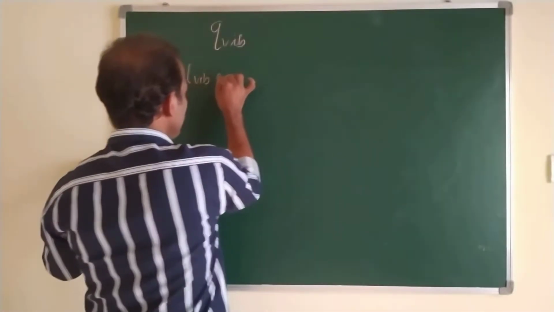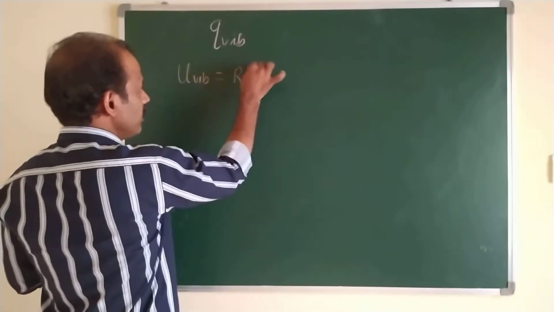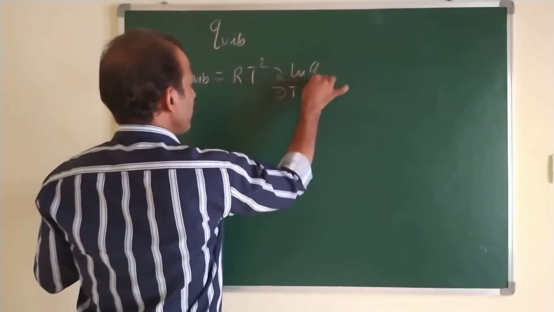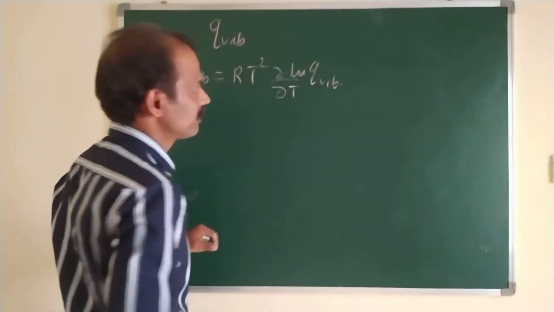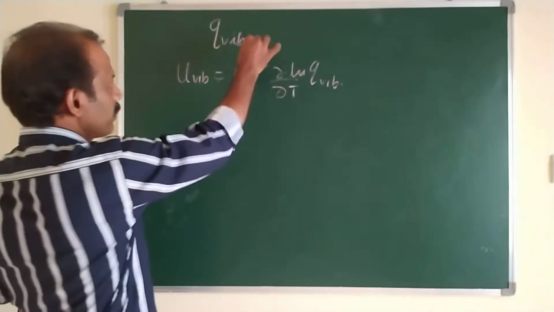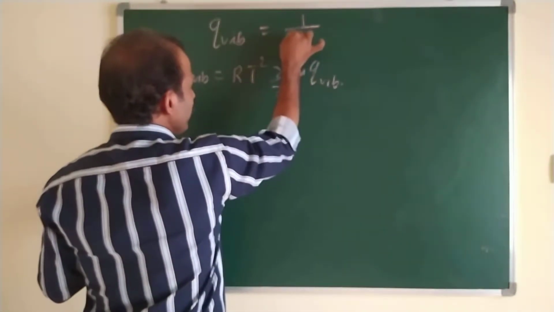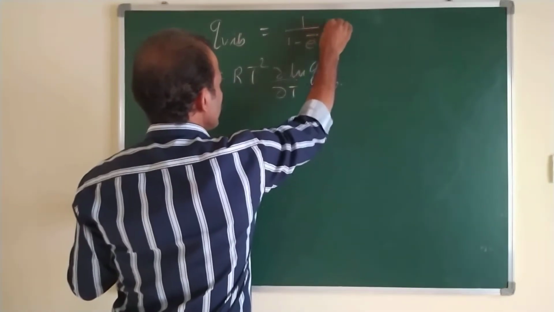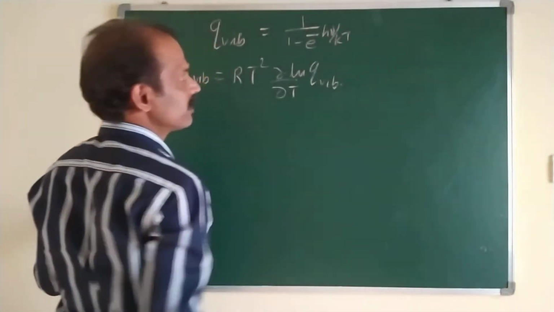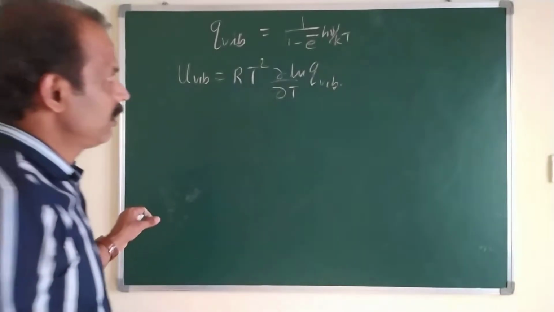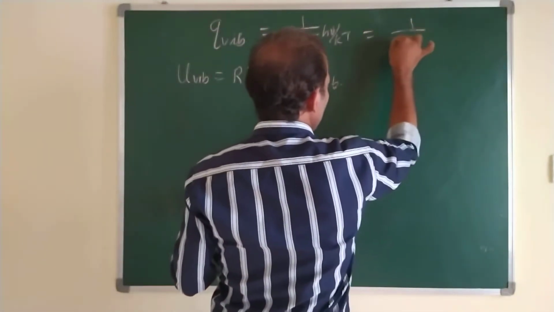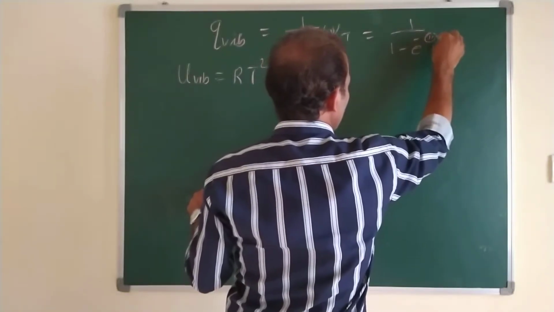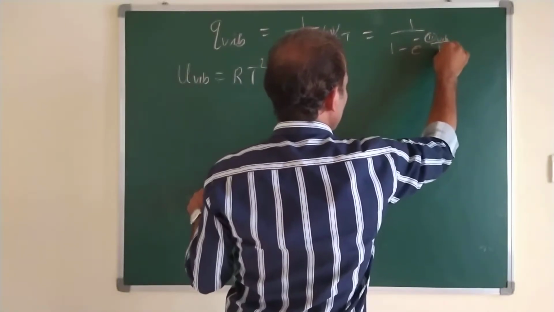U vibration is equal to RT square dou by dou T ln Q vibration. But Q vibration is equal to 1 by 1 minus e raised to minus h nu by kT. Or we can write as 1 by 1 minus e raised to minus theta vibration by T.